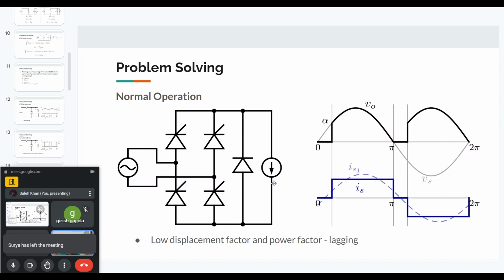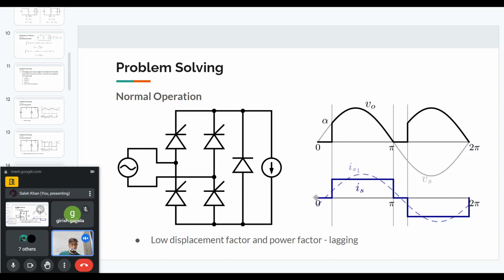So in normal operation that we have studied previously, we will have some angle alpha after which we give the pulses to the thyristors, and then we get a voltage across the load, and it will continue up to pi, and because of the freewheeling diode the output voltage will go to zero, and then again after some pi plus alpha angle we will turn it on again, and this will continue, and the source current will look like what I've shown in blue.